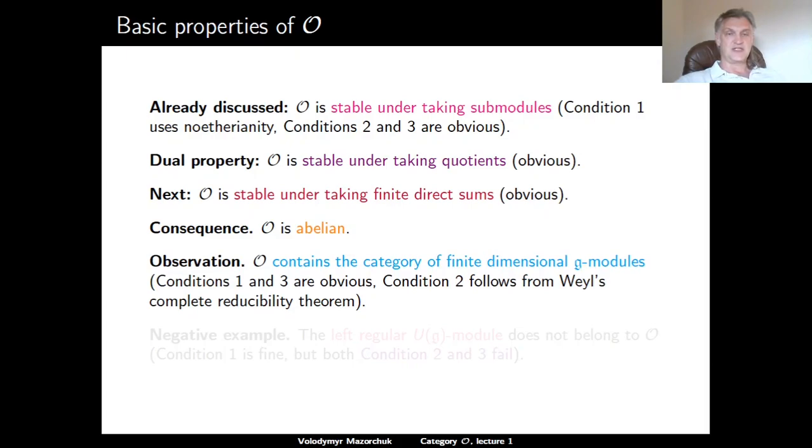One nice observation is that category O contains the category of finite dimensional G modules. This is not totally obvious. It is very easy to show, and we will discuss it in the next lecture, that all simple finite dimensional modules belong to category O. That they are finitely generated is obvious, and that the n plus action is locally finite is also obvious.